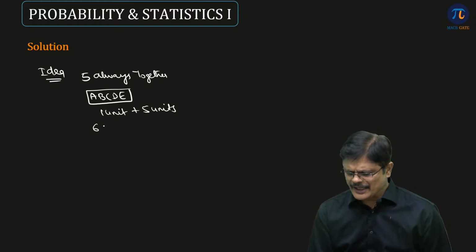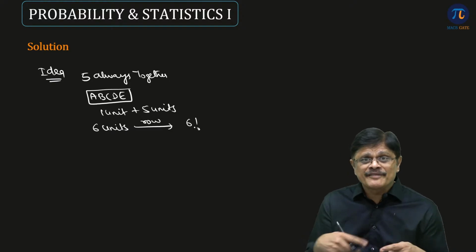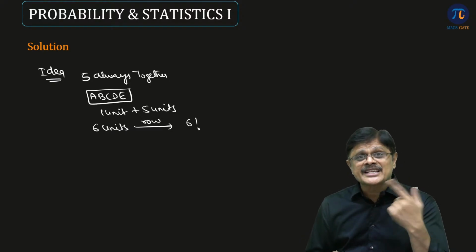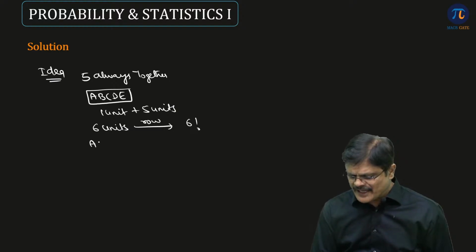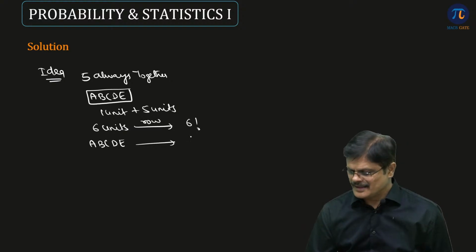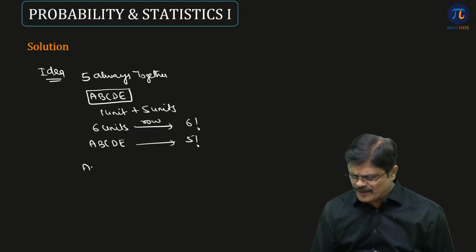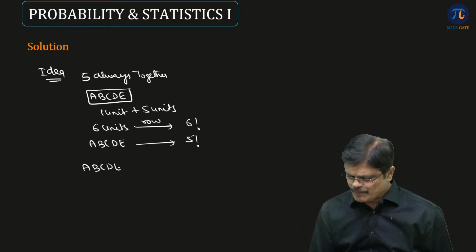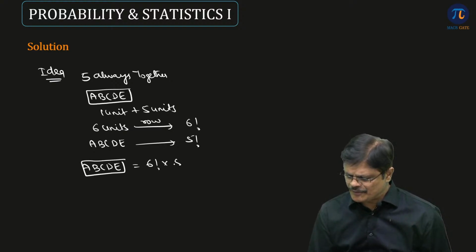So you are having 6 units. First arrange them. 6 units can be arranged in a row in 6 factorial ways. But for each of these arrangements, these 5 people can be arranged among themselves. So the number of arrangements of A, B, C, D, E among themselves is 5 factorial. So the number of arrangements in which 5 members are always together is given by 6 factorial into 5 factorial.